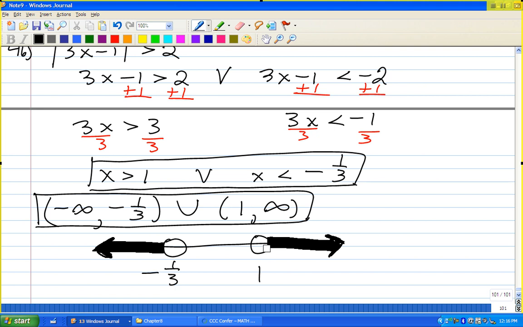So I have from 1 to infinity. So I have x's are greater than 1, and I have x's are less than negative 1/3. And it is the union of these two intervals.